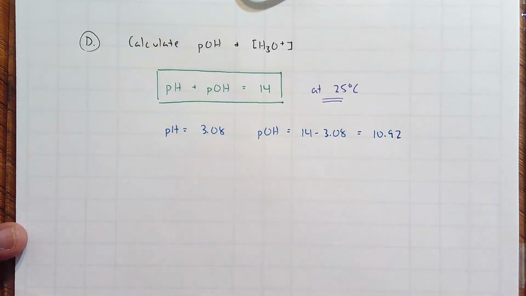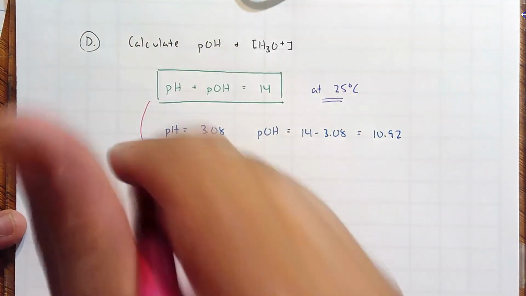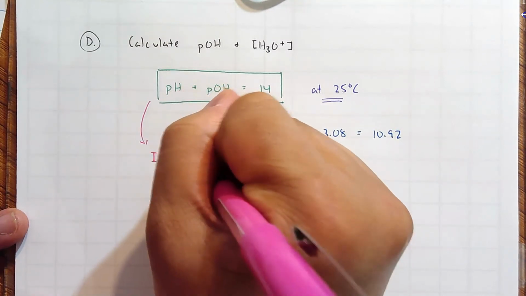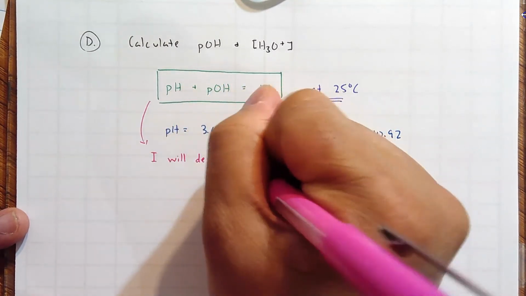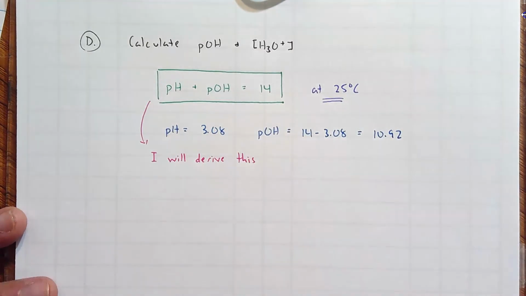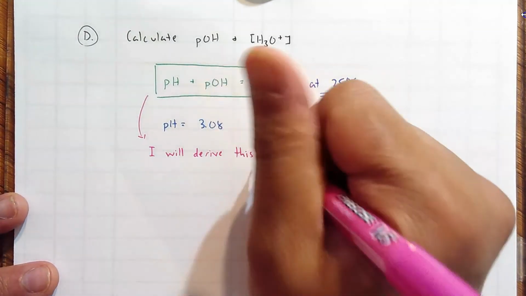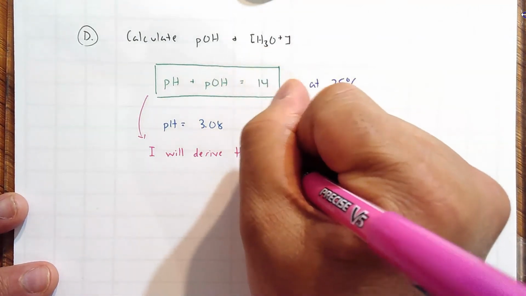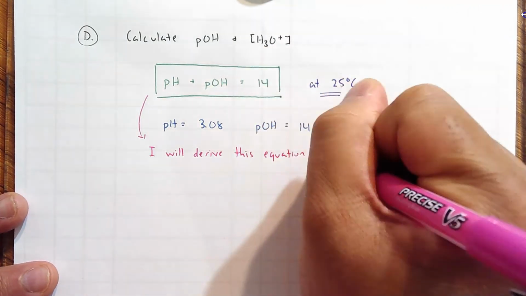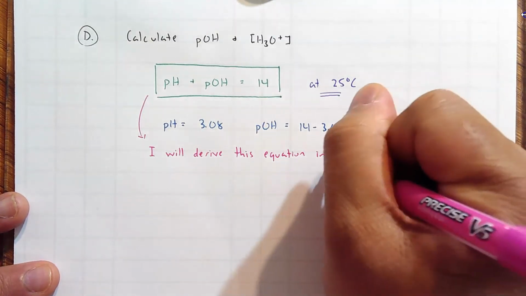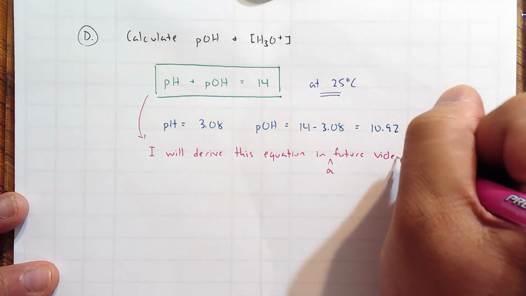Okay. I will derive this in a later video. I wanted to show it here because if you know pH, you should automatically know pOH. But I will derive this equation in a future video.